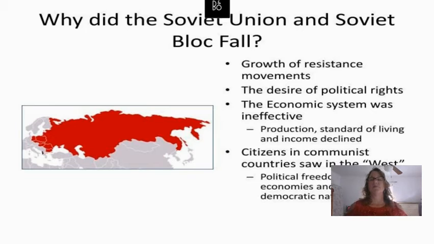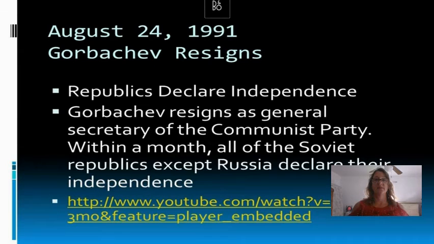Standard of living just continued to decline, as the citizens of these communist areas looked to Western countries and saw how the freedoms of citizens usually created a better quality of life. So they start to fight against what's going on in their lives.